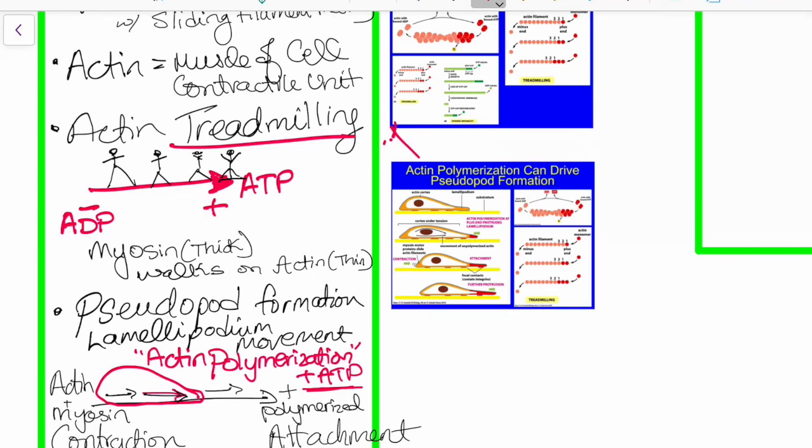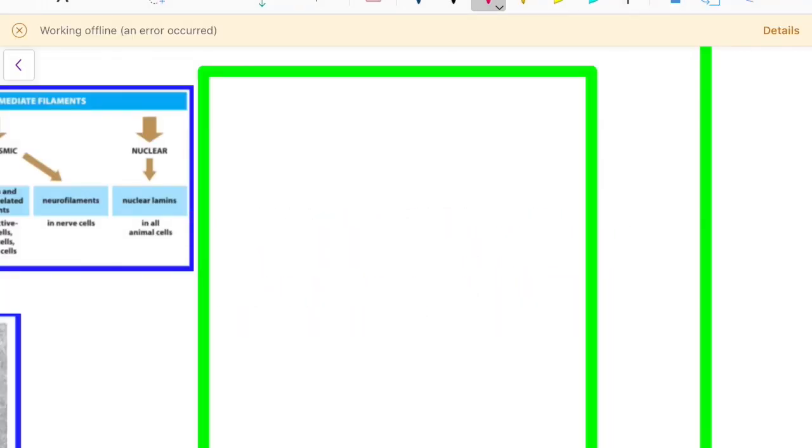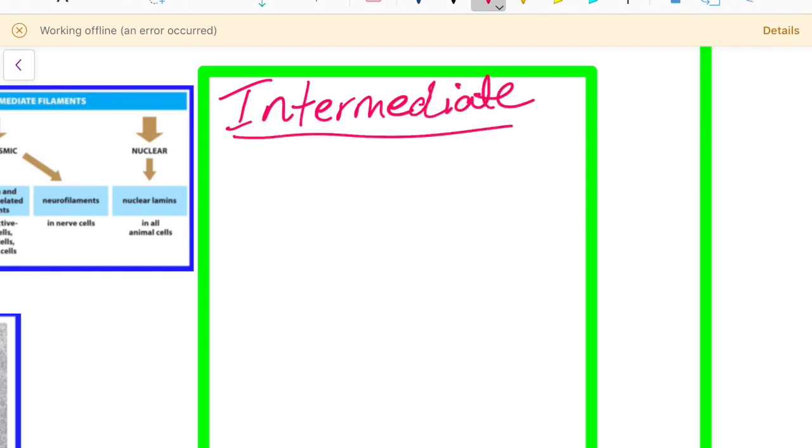Okay, so next we will talk about the intermediate filaments. After actin, which is the smallest in width but the most numerous or the longest in length, we have intermediate, which is middle in width and gives that cytoplasmic rebar or structural shear, as we call it. So the most important point is that it is intermediate in width and provides the structural shear.